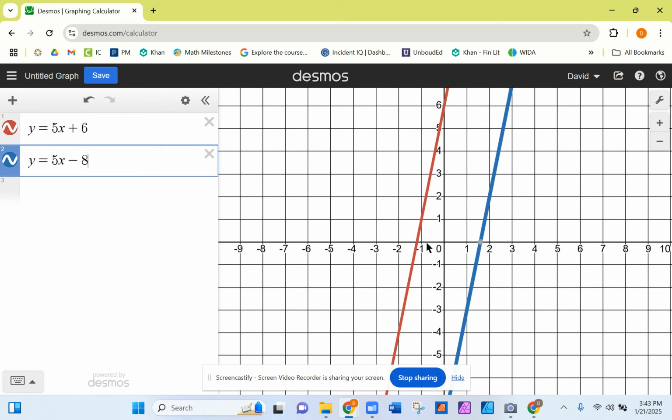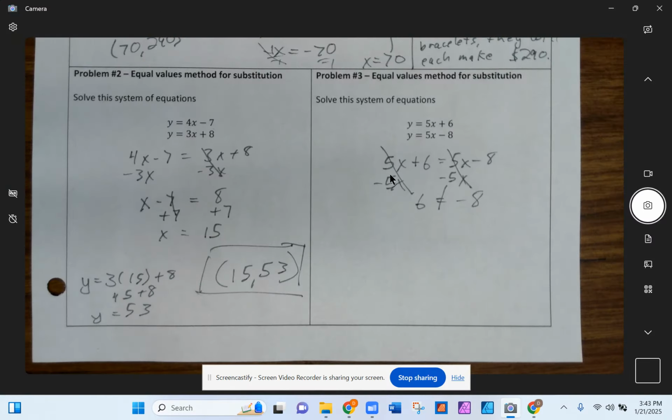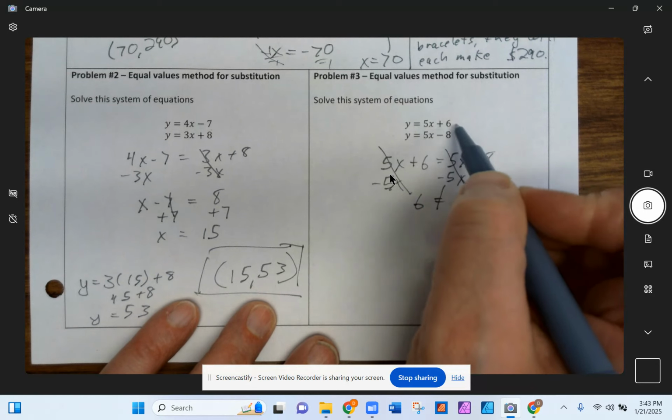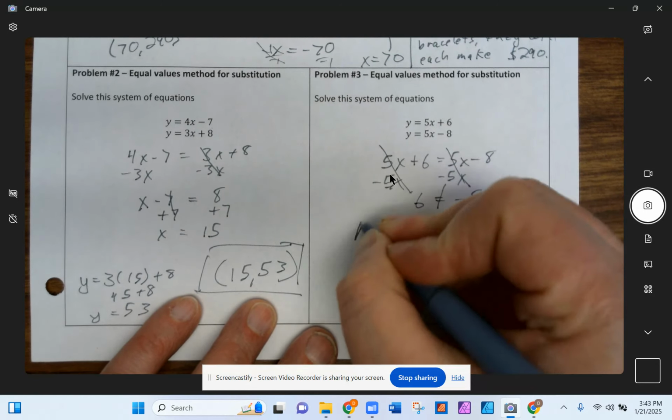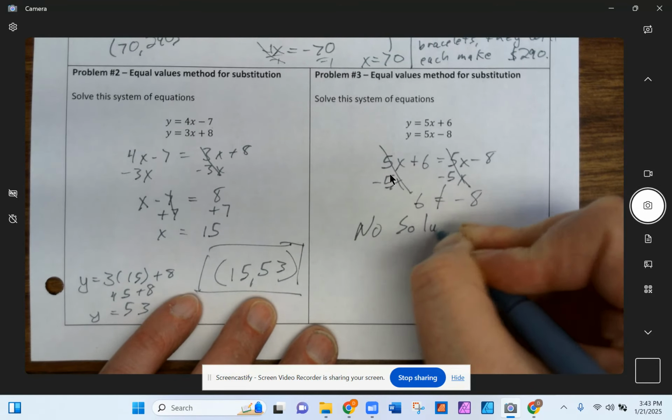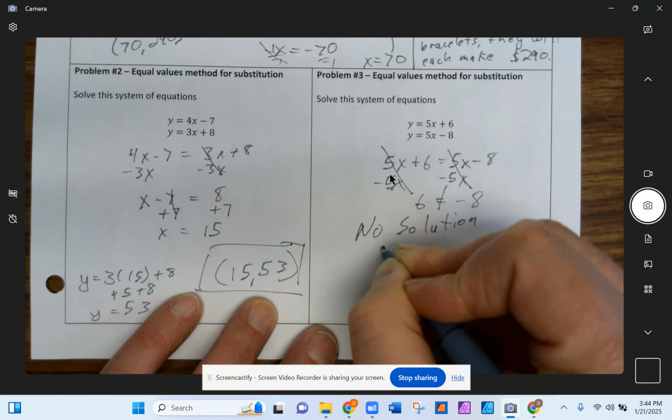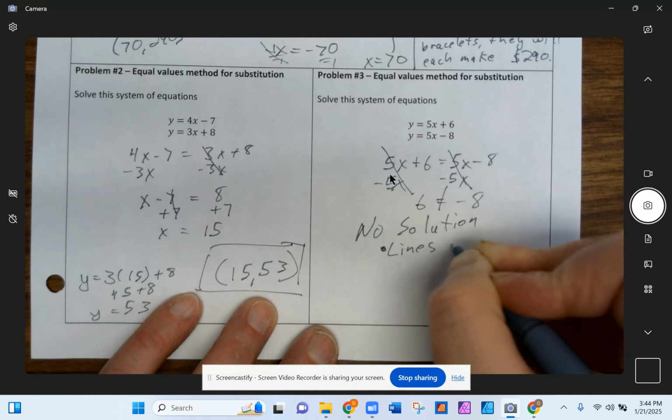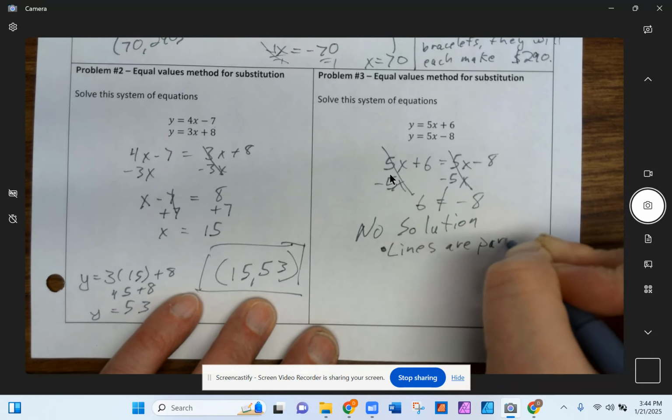And I can see that they're parallel lines, right? And so the idea here is that since I have the same slope but different y-intercepts, I have no solution, right? Because the lines are parallel. That means they don't touch, right?